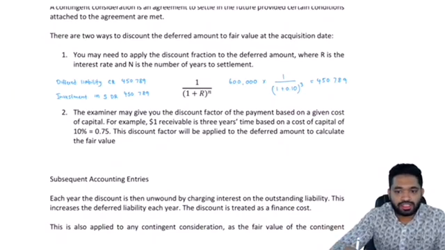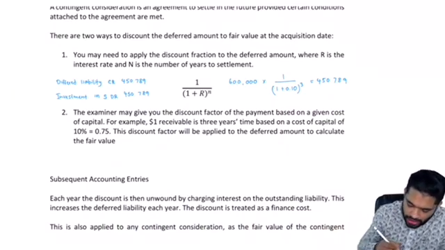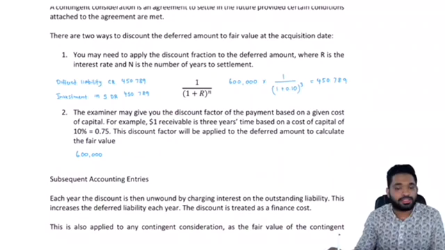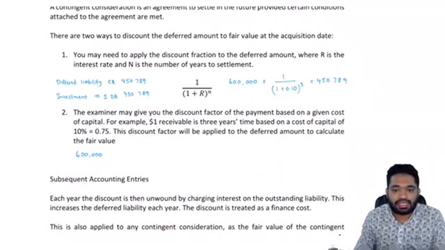The next one is where the examiner will give you the discounting factor and they will ask you to calculate it. So let's say 600,000 is the value of the payment, and they have said that at the cost of capital of 10%, in 3 years' time the discounting factor is going to be 0.75.